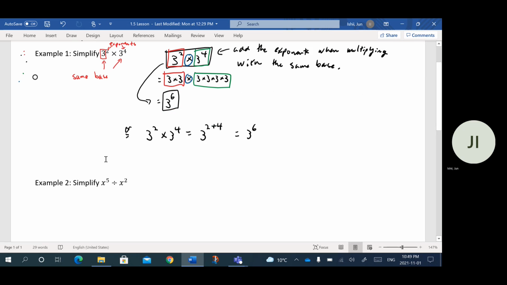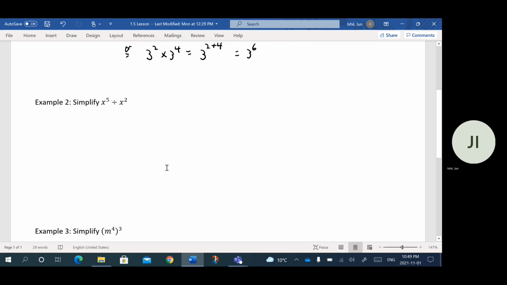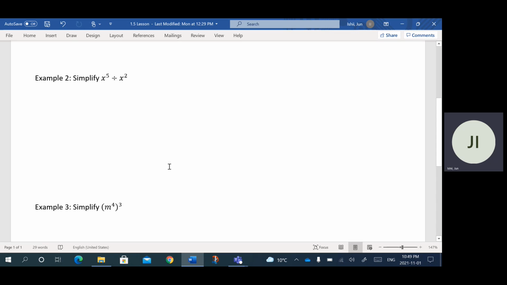Okay, let's try this one here. I'm going to simplify 3 to the 5th divided by 3 squared. You can probably figure out that if I multiply, I add them, so if I divide, I would subtract them. This is actually going to equal x to the 5 minus 2, which is x cubed.